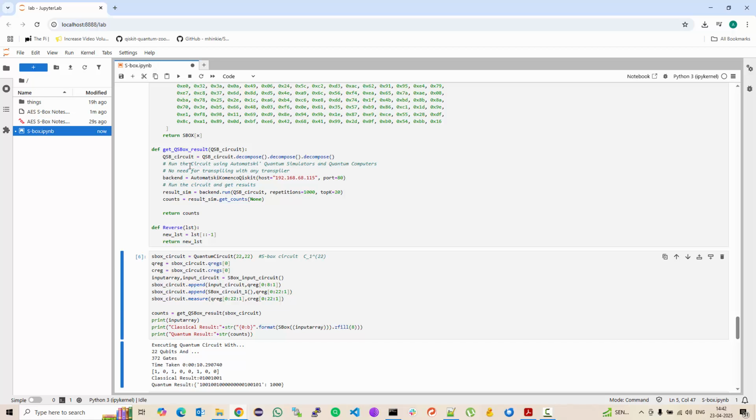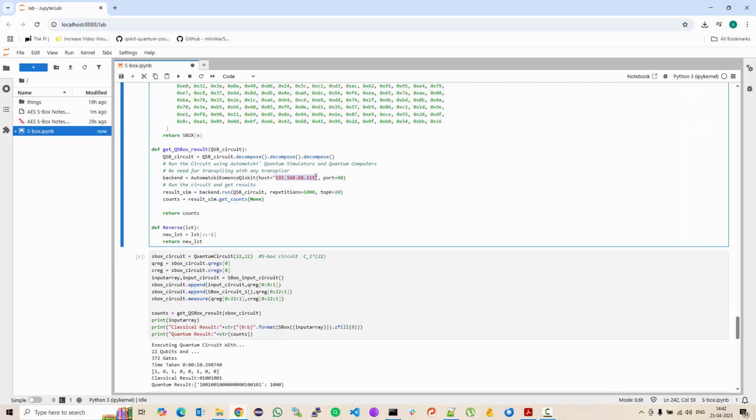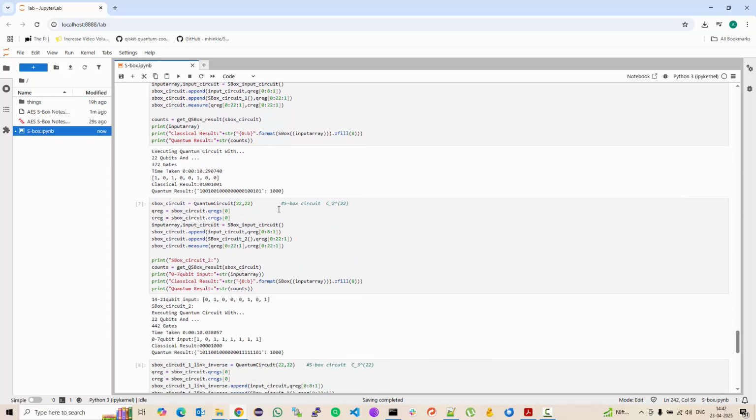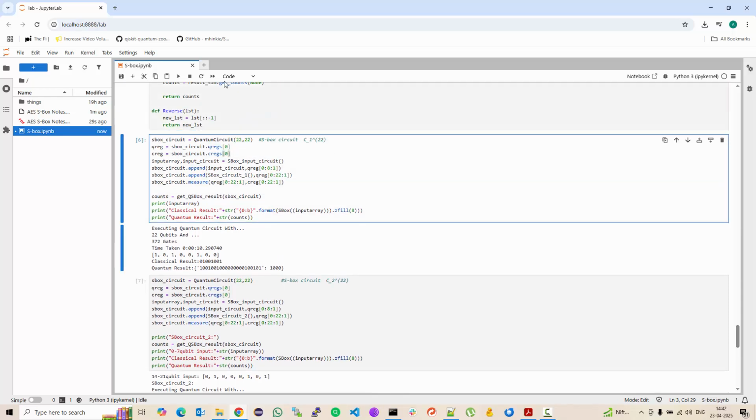Now, this is how we are connecting to Automaski's quantum backend. This is an IP address connected to our data center over a VPN. So it's a LAN IP address. You cannot access it from outside. We are going to run all three circuits with 1,000 repetitions and take the top 20 samples of the histogram of results.